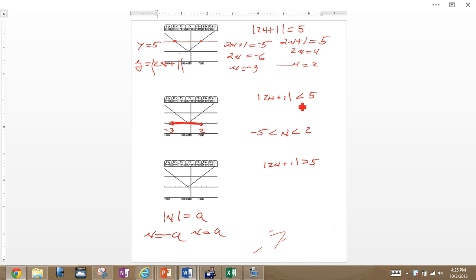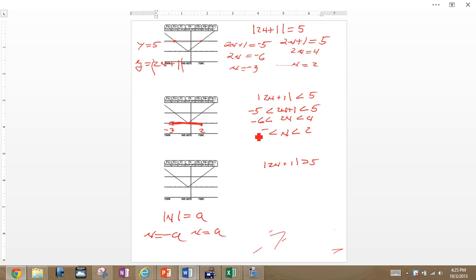Now, a simple way of solving that is to take the absolute value of 2x plus 1, take it outside of that, compare it to 5, and compare it to the opposite of 5, okay? And then when we solve that, we subtract 1, we get 2x. We subtract 1 over here, we get 4. We subtract 1 over here, and we get negative 6. This I meant to be negative 3. I think you'll agree.